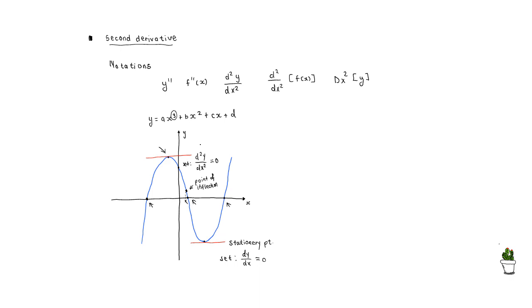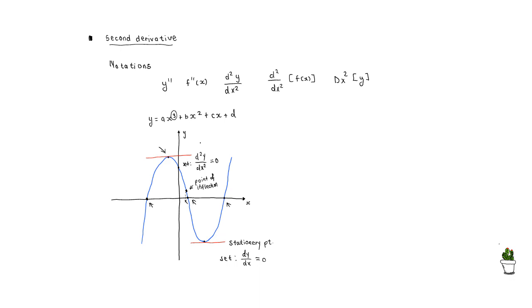So how do we actually compute this second derivative? Luckily for us, we don't need to learn any new rules. When we want the equation of our second derivative function, it's just a matter of differentiating our first derivative function again. So you're going to differentiate twice. You start off with some function f of x.